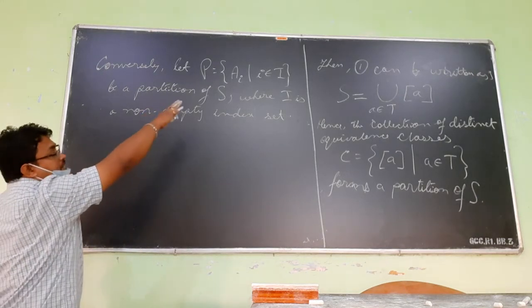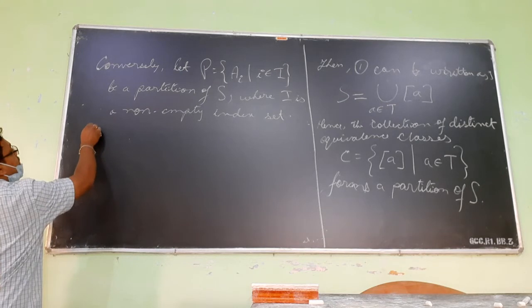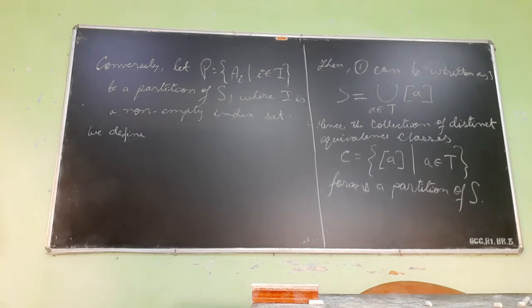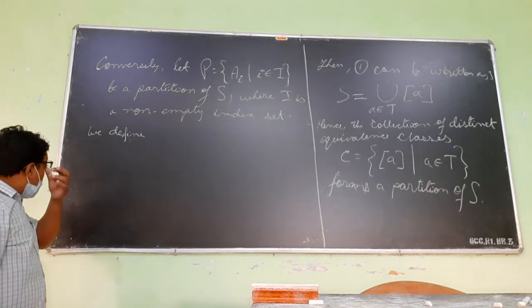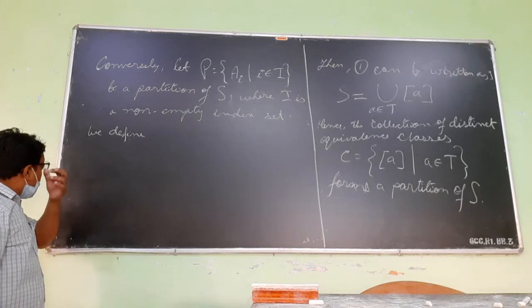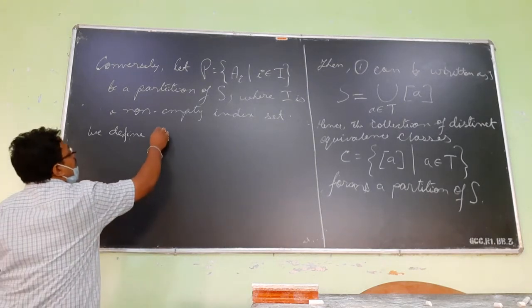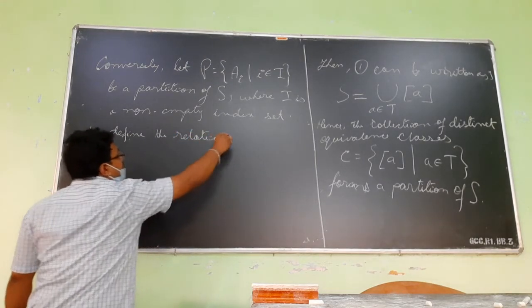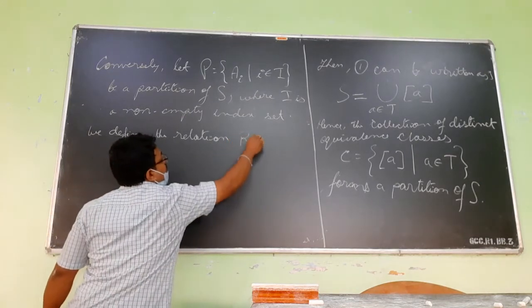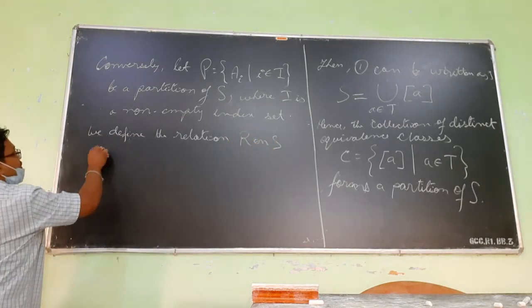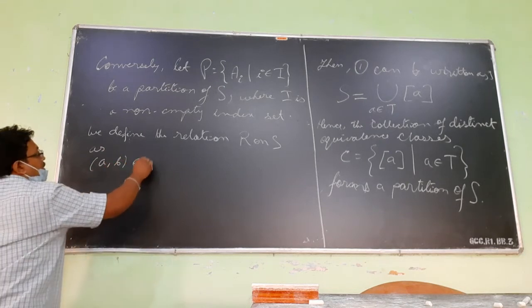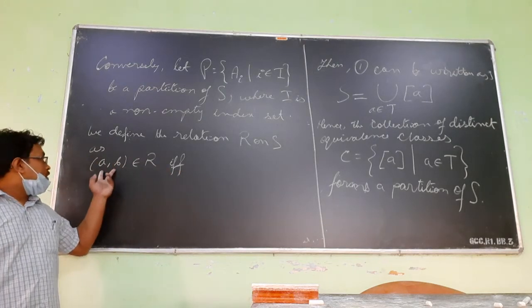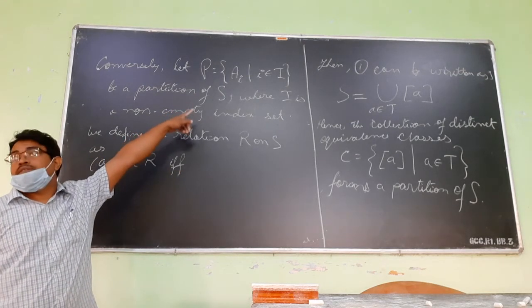Okay. So now we will define an equivalence relation on S. We define the relation R on S as (A, B) belongs to R if and only if... Last day what I had written, if and only if they belong to the same subset in this partition.